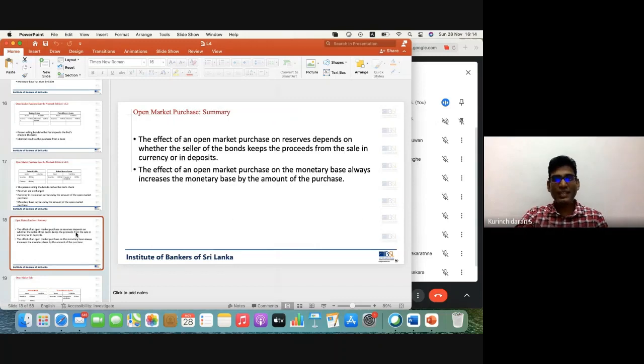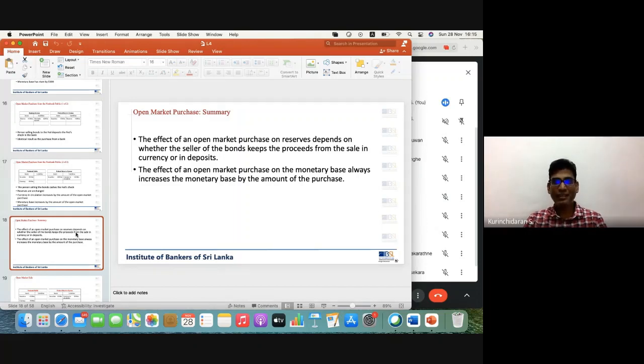So in summary, open market purchase, the effect of an open market purchase on reserve depends on whether the seller of the bond keeps the proceeds from the sale in currency or in deposits, right? If they want to keep in currency, that is currency, or if they want to keep in deposits, so that's a reserve.